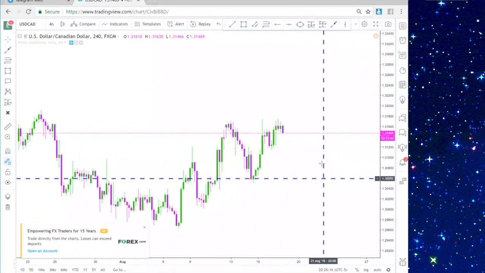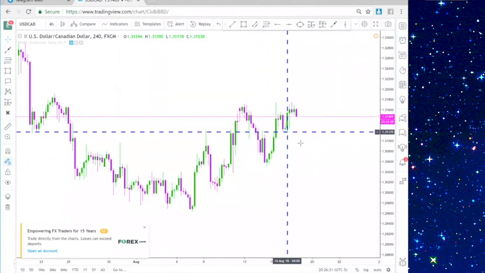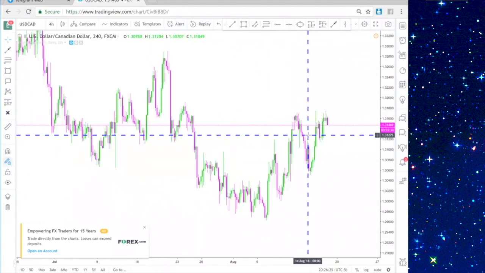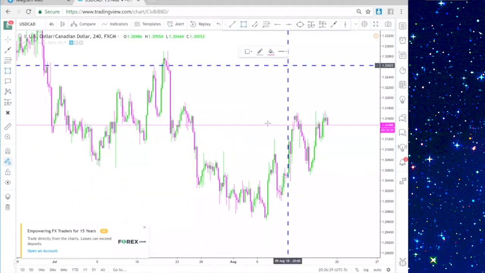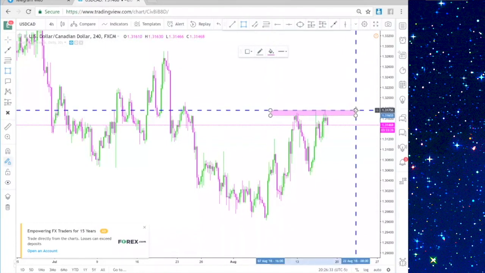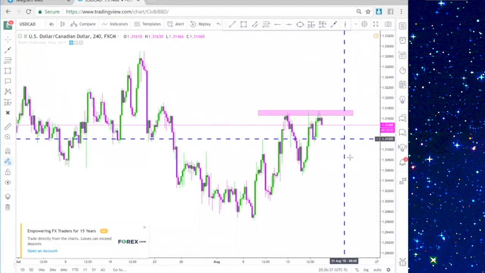UCAD is bullish. Yeah, she's bullish, and she's rejecting off a resistance, so you just gotta be careful. Yeah, we're in an uptrend right now.